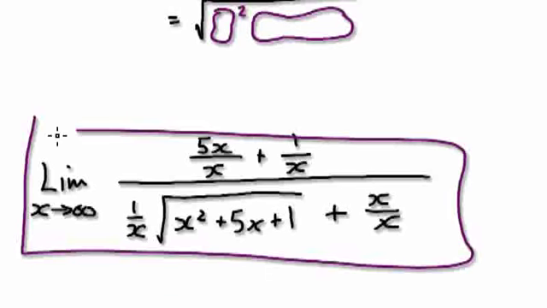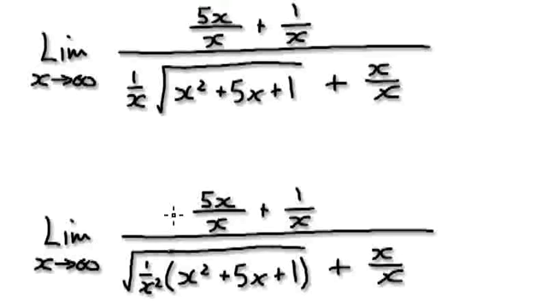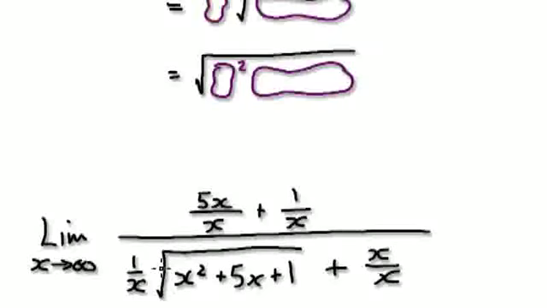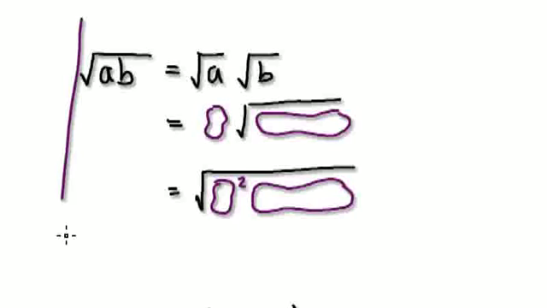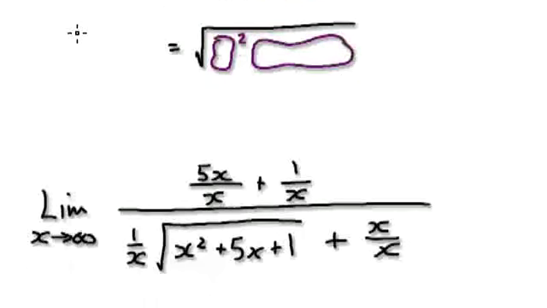I haven't done anything yet, but in order for us to take this into the square root, we're going to do this. If we want to bring it into the square root, it will be this. I hope just by looking at this you understand. It's quite hard to explain. Sorry.